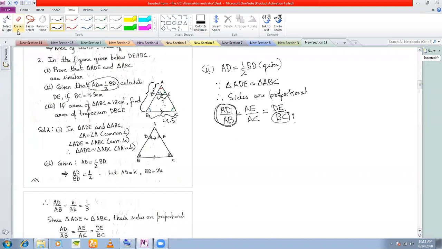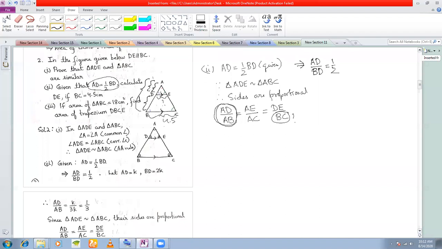But what is given to me is AD is equal to half of BD. That means AD by BD is half. So AD by BD is given to me. What do I need to find? I need to find AD by AB.